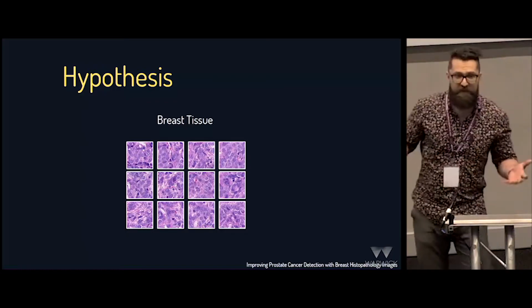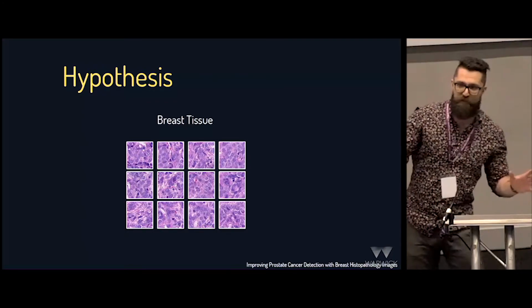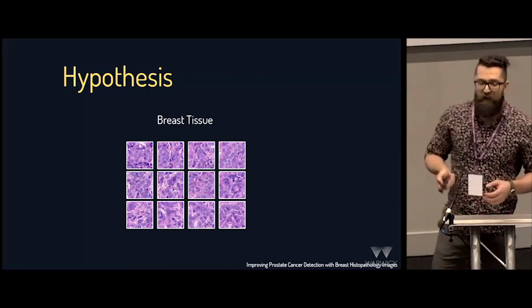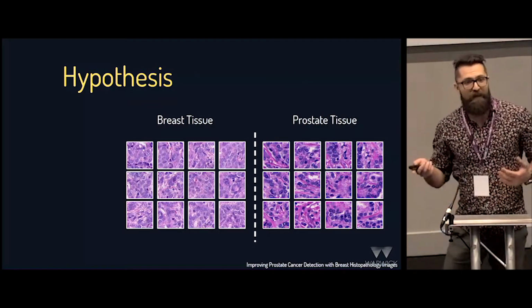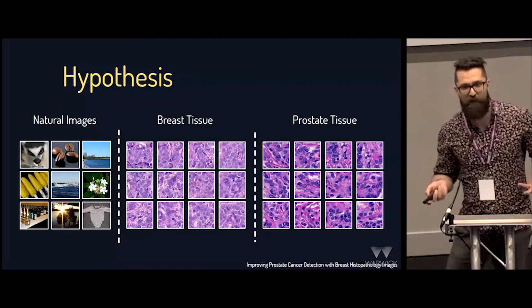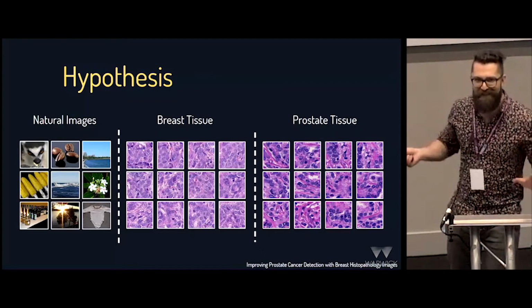And our hypothesis is based on a quite simple observation that breast histopathology images, breast tissue images, are visually more similar to prostate tissue images compared to images of cats and dogs and wine bottles. So it's not an outrageous hypothesis.